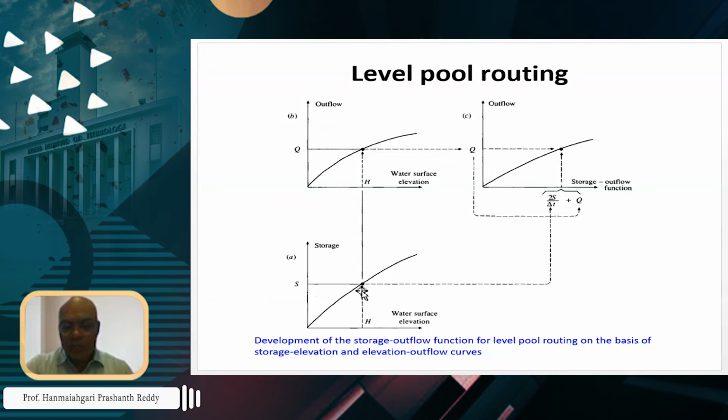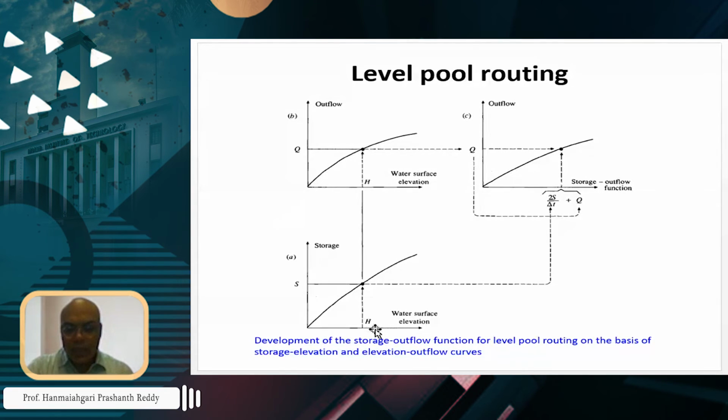Okay, now these two plots are known. Now we have to develop a plot between outflow versus 2S/Δt + Q. Okay, so we know the Q value from this plot, and we know the S value for a given H value.